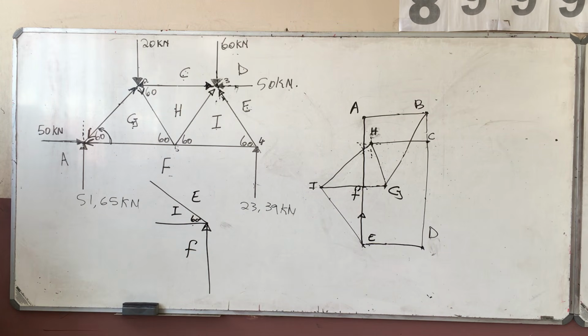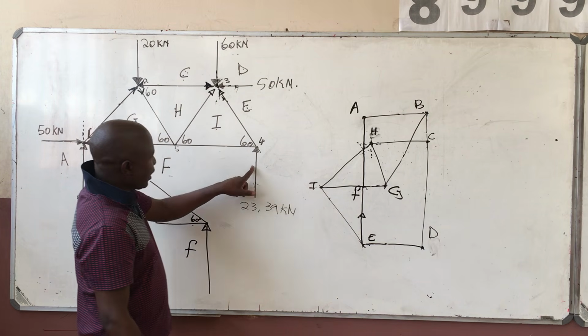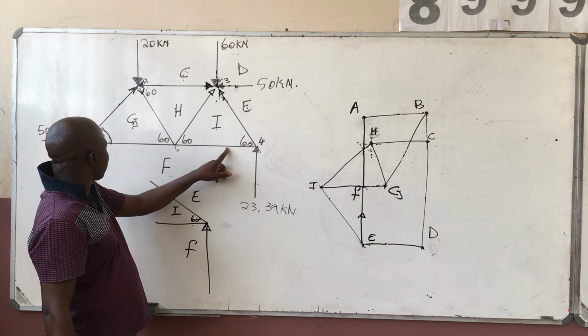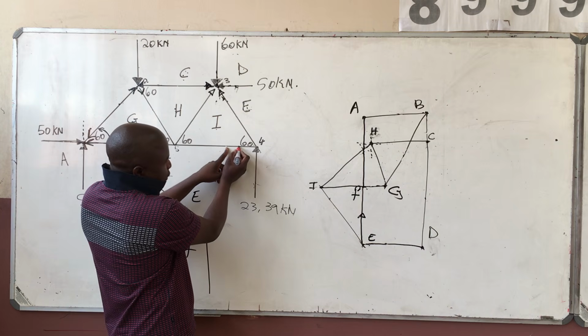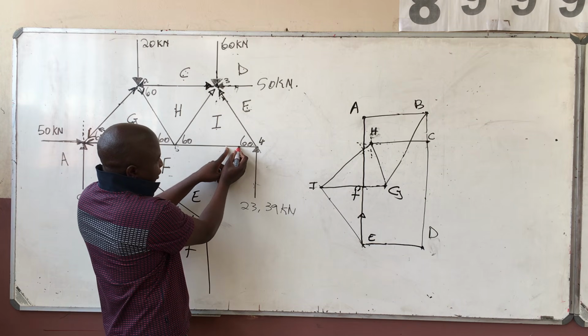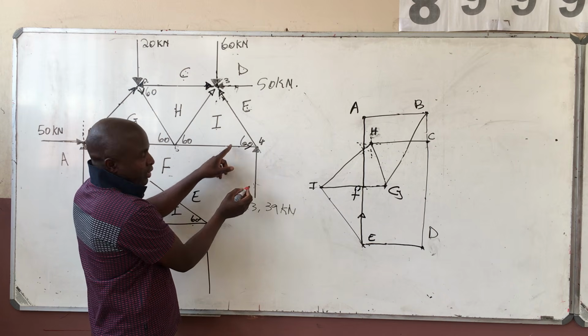So the last one on this point is IE. It's already there, so what I need to do is just put the arrows here. This arrow is already there. What about the arrow of this one? Up. This one's up. Yes, to the left. And this one?